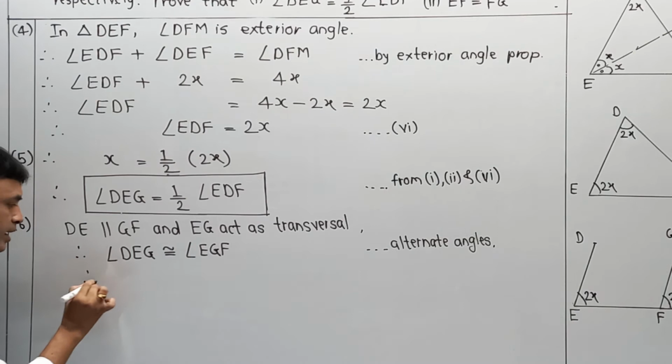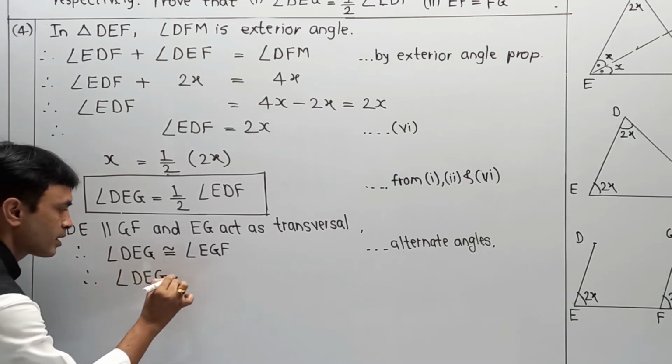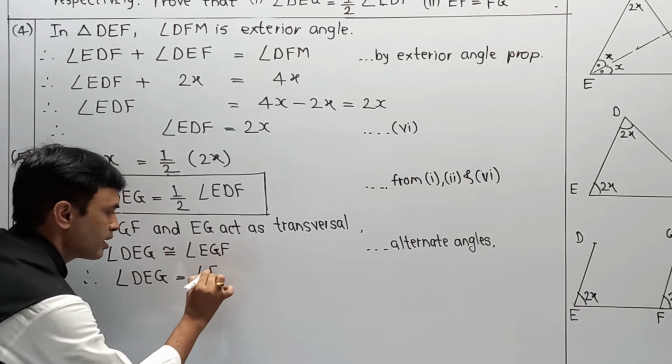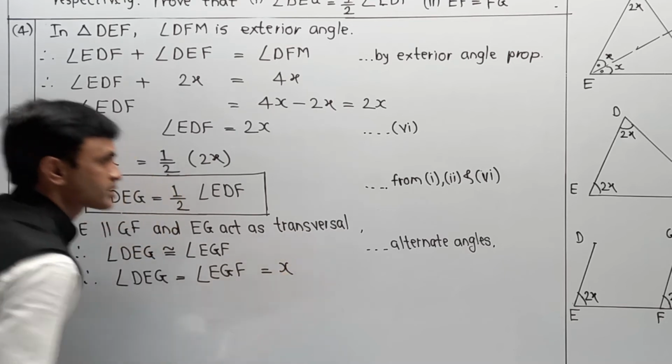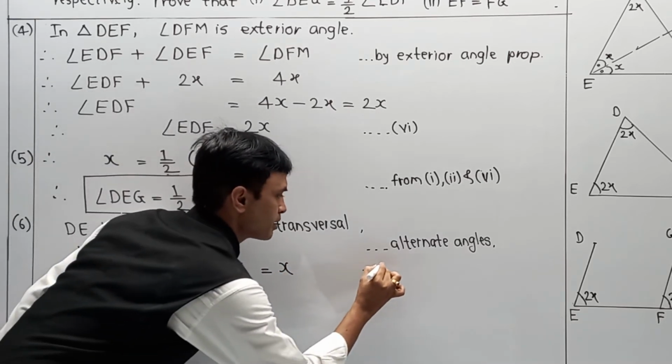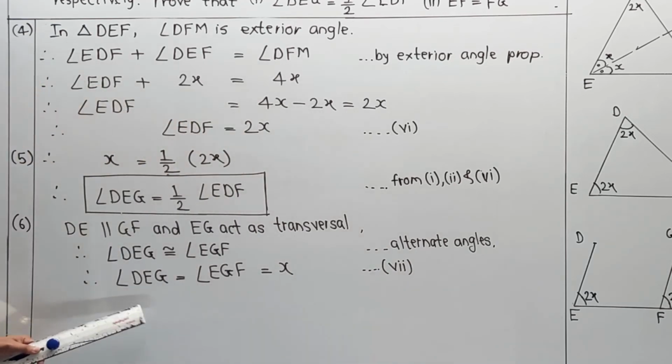Naturally, we can indicate angle DEG is equal to angle EGF is equal to x. I am going to call it equation number 7. Now, from this reference, we are entering into triangle EFG.